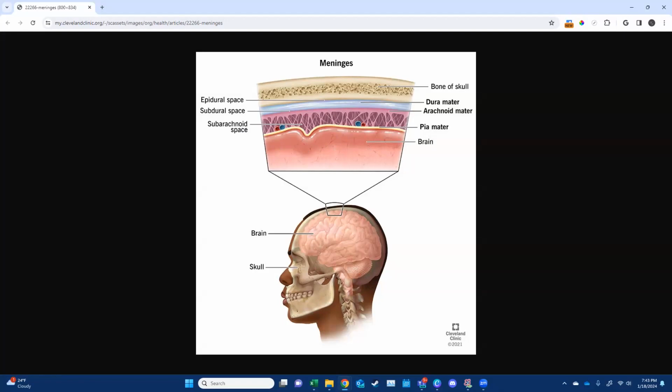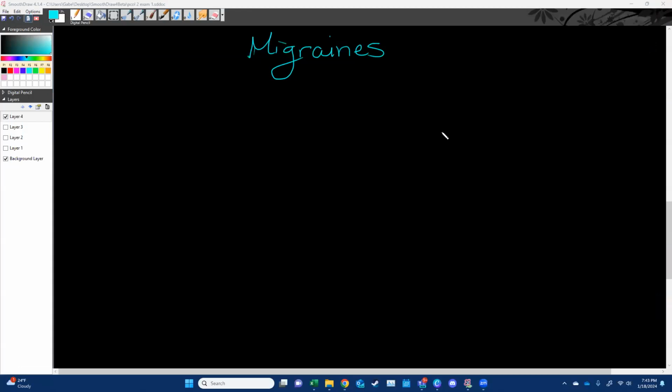When we talk about migraines, where we think they are playing out is in the meninges. And the meninges is this layer between the actual brain tissue and the skull. So it includes the subdural space and the subarachnoid space, and it's these three layers where we think the migraine is really doing its part. Because of that, what I want you to bear in mind is that a migraine is not an internal brain process, it's around the brain, but it could also happen around the spine as well.